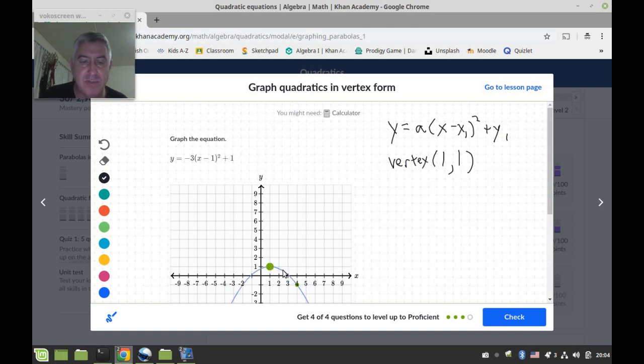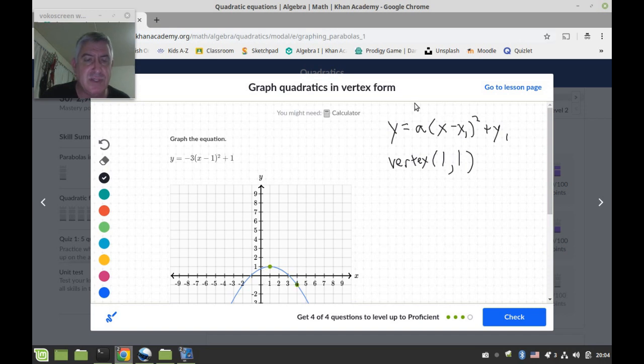And now I know I'm going to have some zeros here. So I think I'm going to find out probably where one of the x-intercepts is. But maybe I could just put in 0.